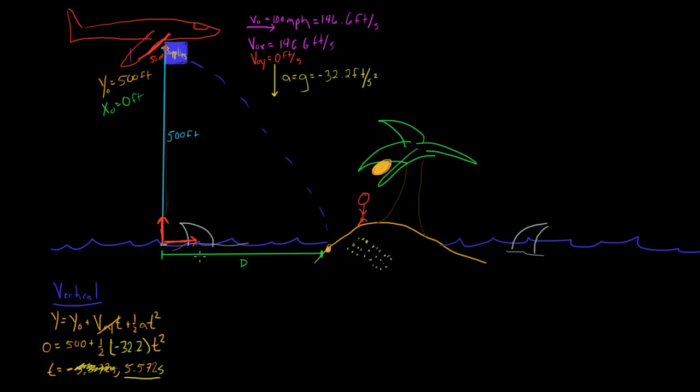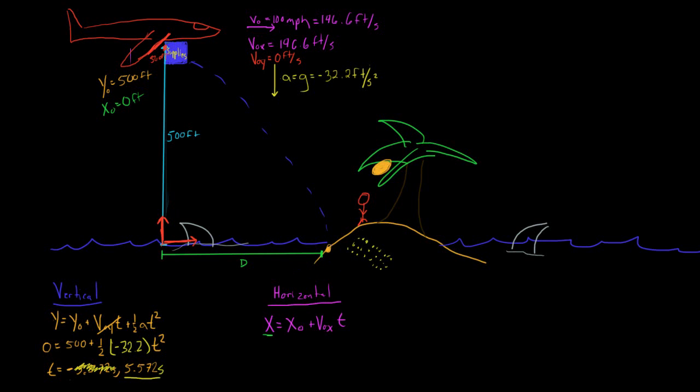Now that we know the package has been in the air for 5.572 seconds, we need to figure out this distance, the total distance it's moved in the x direction. So if we look at our horizontal equations, we know that our final x position is going to be equal to an initial x position plus the velocity in the x direction times time. And we know all these pieces of information except for what our final x position is.